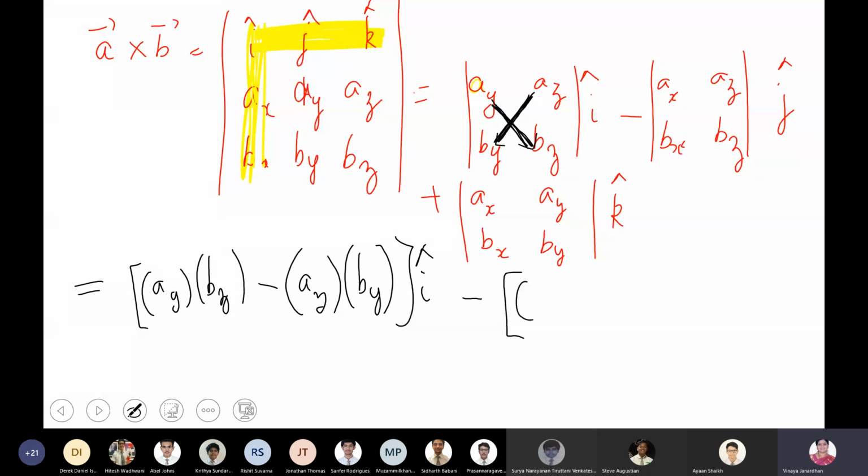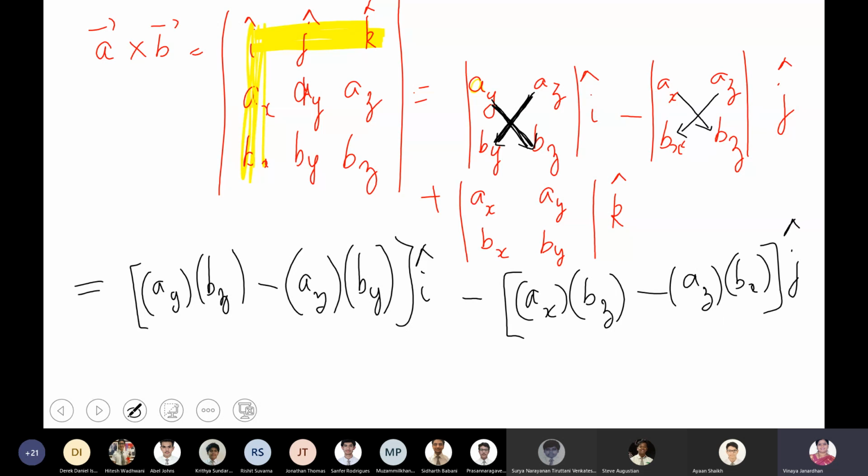What is there for J cap? It is AX into BZ minus AZ into BX, the whole into J cap.